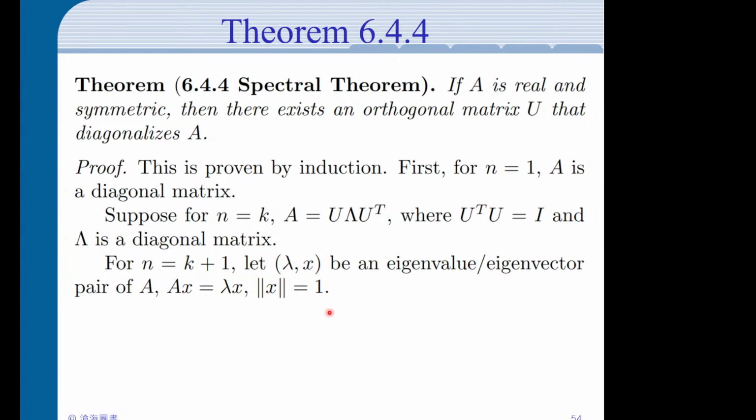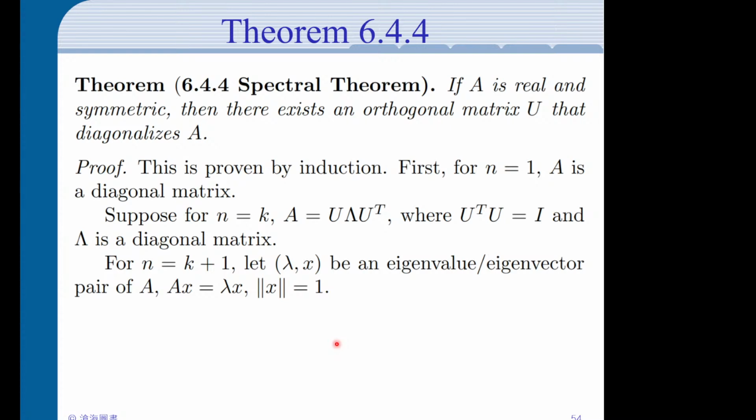Suppose for some dimension k this theorem is true, and you can diagonalize your A with some orthogonal matrix U: A equals U lambda UT, where UT equals U inverse is an orthogonal matrix, and lambda is a diagonal matrix.